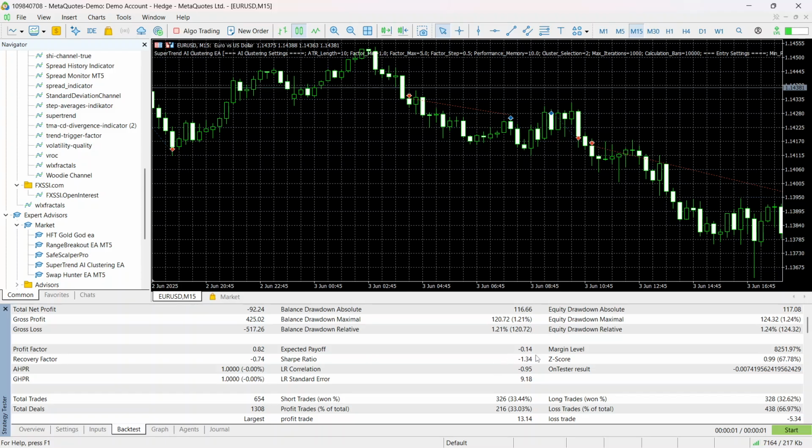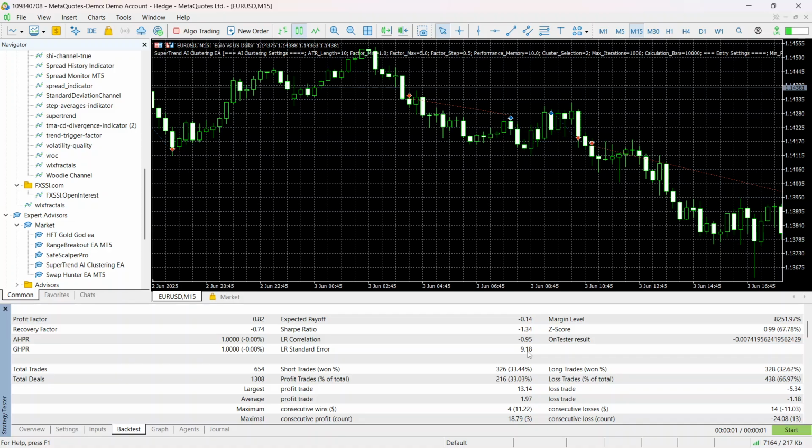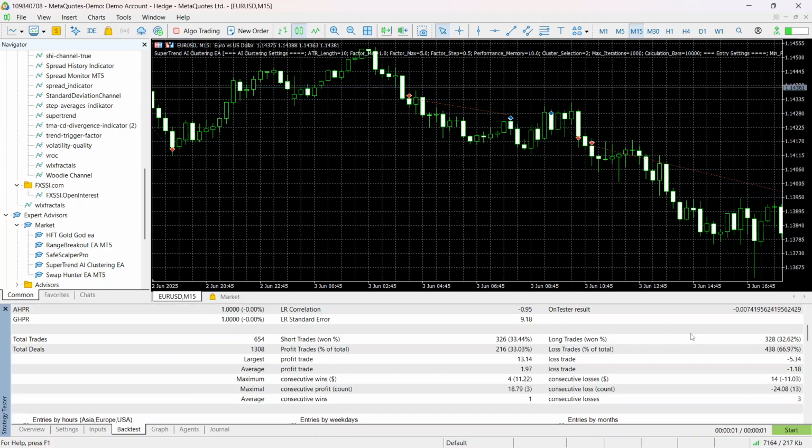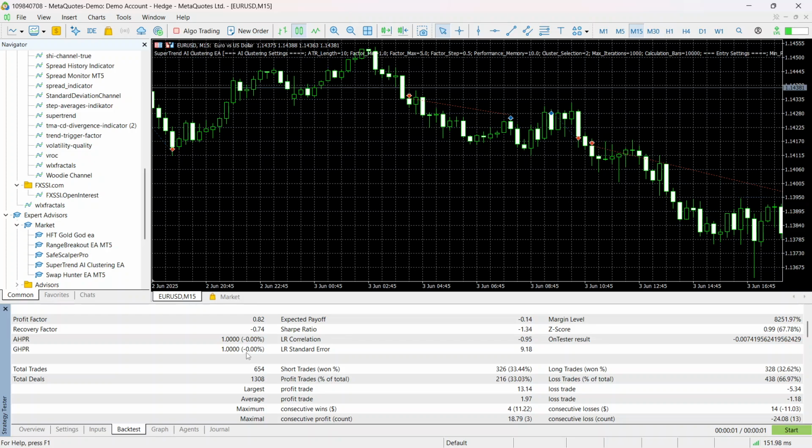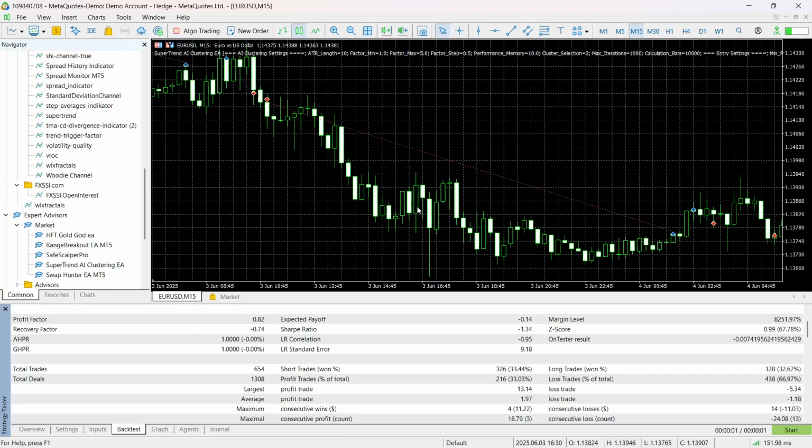The short and long trades taken are almost even, but neither side performs great. Thing is, this matches what often happens with SuperTrend style systems in ranging or low volatility stretches. They take a lot of small losses, waiting for the big trend that doesn't always come through strong enough, as you can see on the chart.